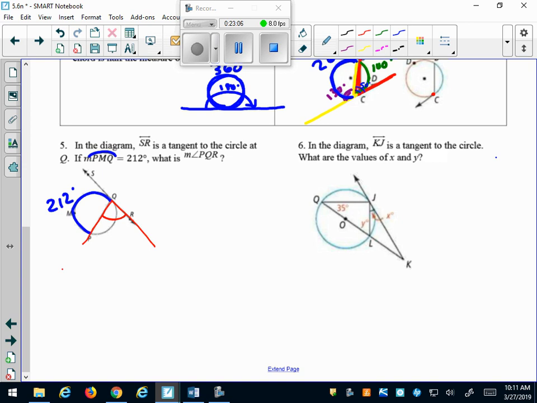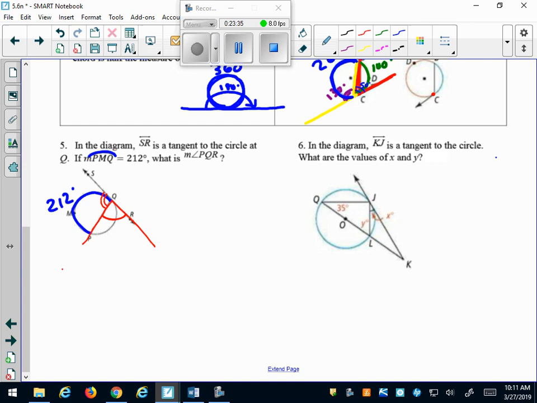So there's several ways to do this. You could figure out what the remaining arc is, because the angle we're talking about, that red angle, is the alligator swallowing that arc. Or you can figure out what this angle is and then do the linear pair to it. It's going to work both ways. Okay, you want to do that one first?